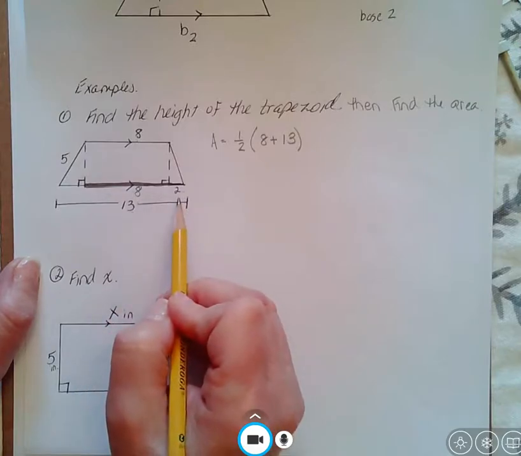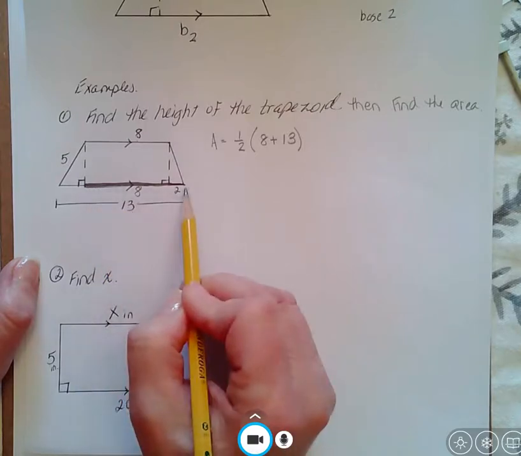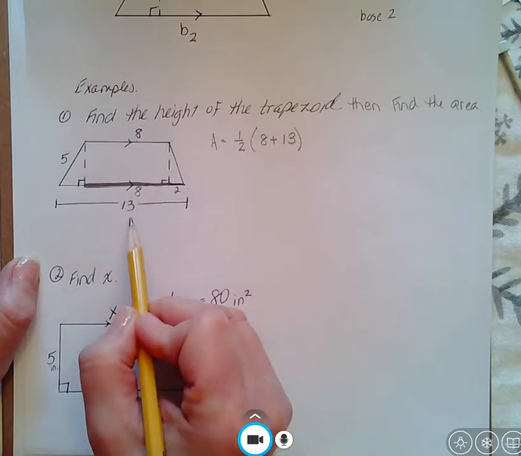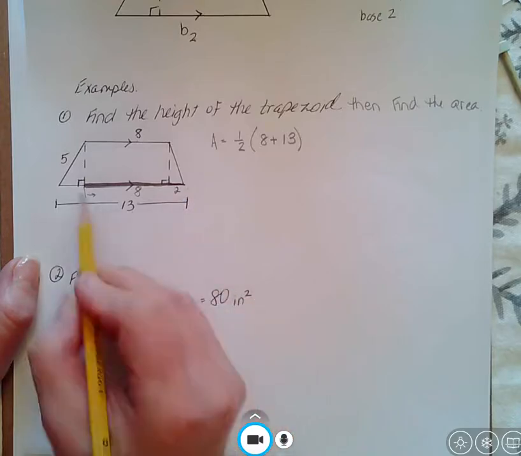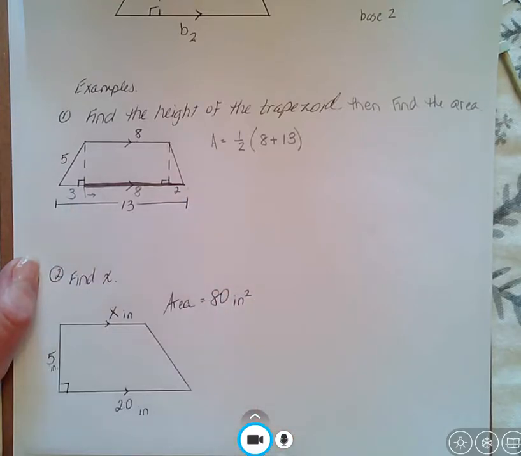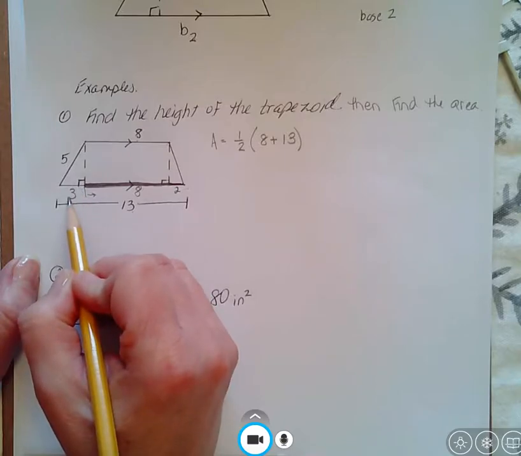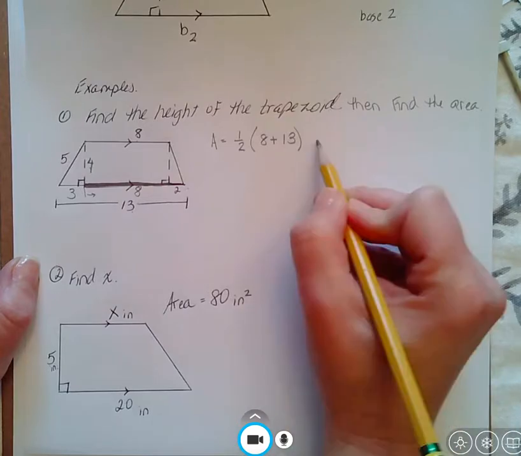The piece on the right is 2, so the whole piece from here over is 10. But my entire base is 13. Well, from there over is 10, so this piece must be 3. And now I have a right triangle. 3, height, 5. Triple, my height is equal to 4.